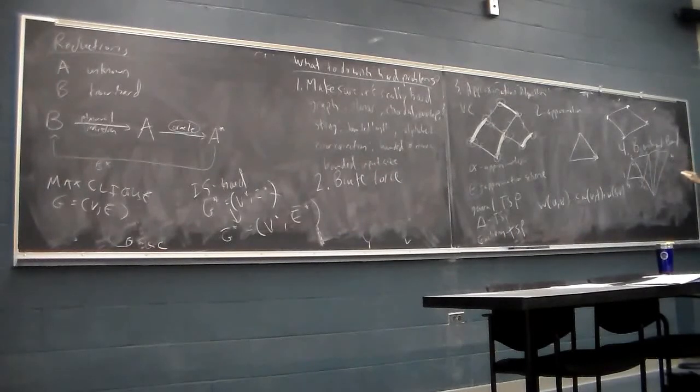We can say at the top of our search tree, maybe we are coloring node V1, and we can color that 1, 2, or 3. At the next level, we're coloring node V2, we can color that 1, 2, or 3, and so forth. And sometimes we can just recognize immediately that this is a bad solution. You can't color V1 1 and V2 1, so we just stop there and we stop searching further.